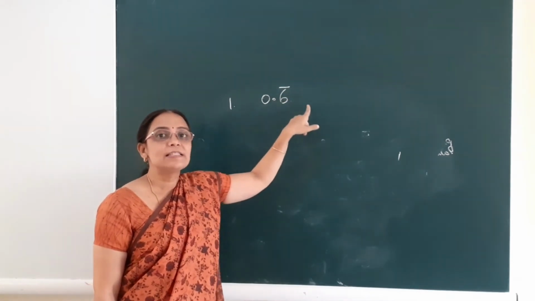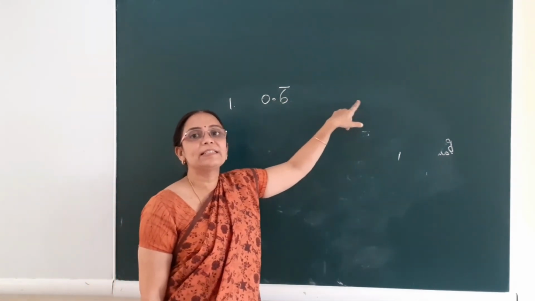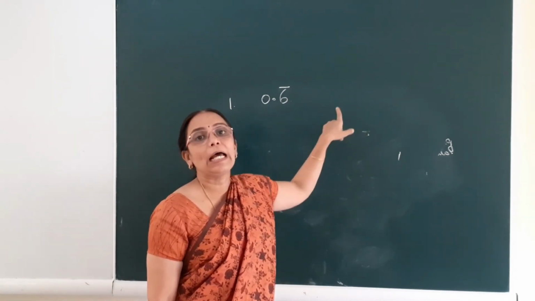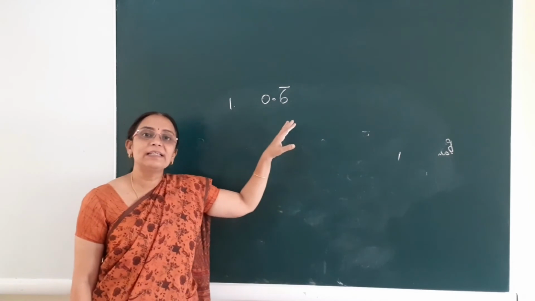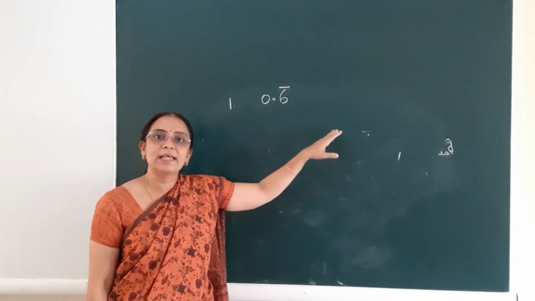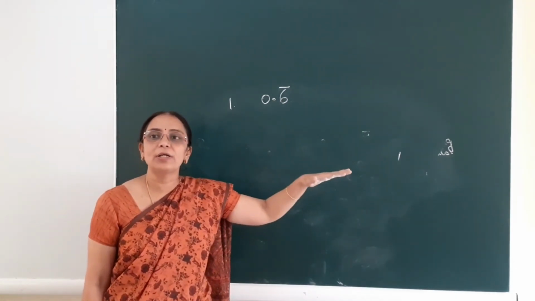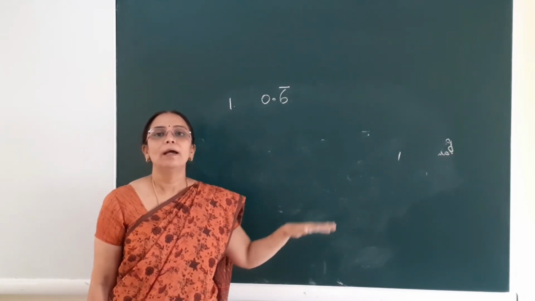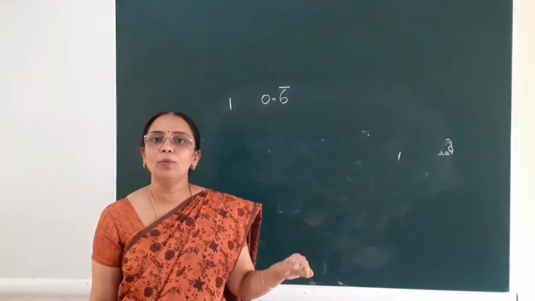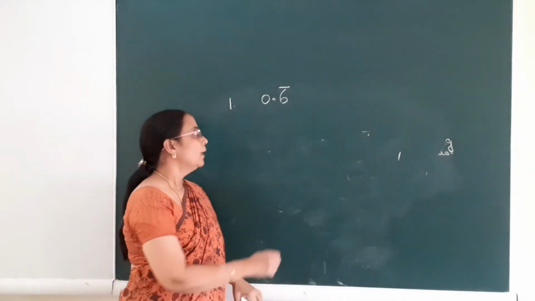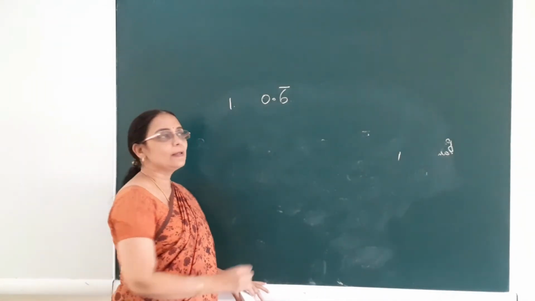That means 6 is going to be repeated several times, an uncountable number of times. Now how to convert this recurring decimal into a rational number? What is a rational number again? A rational number is a number which can be expressed in the form p by q where q is not equal to 0.